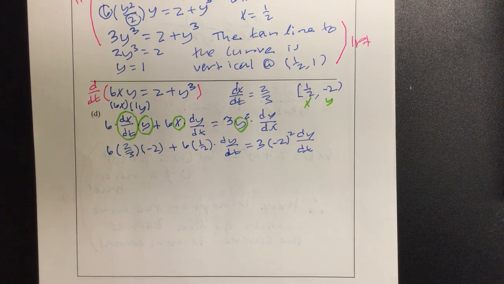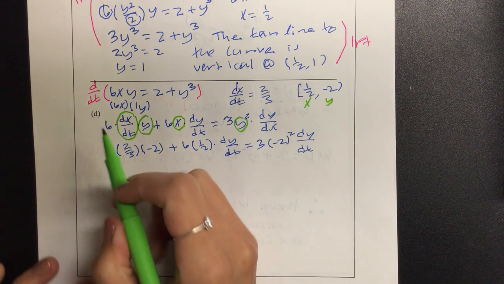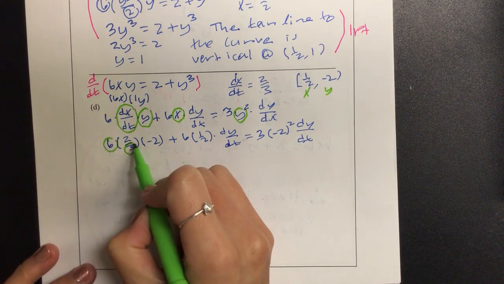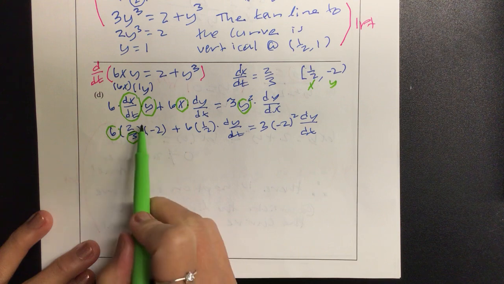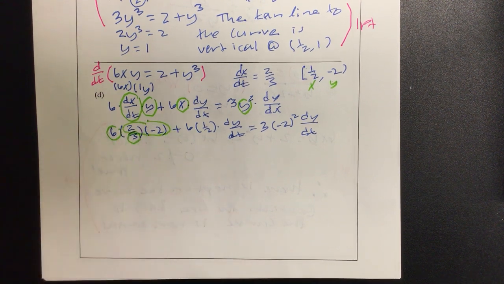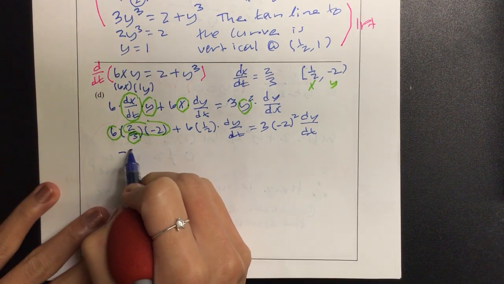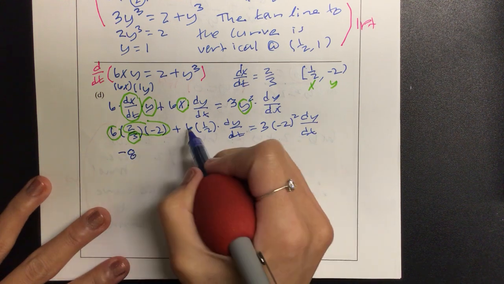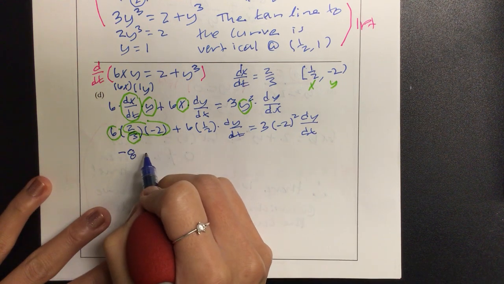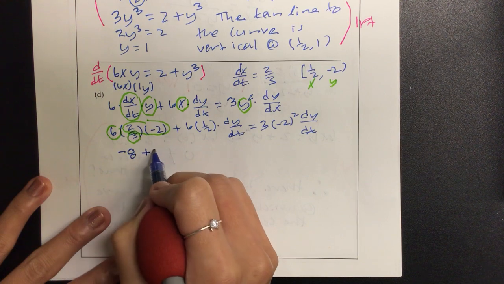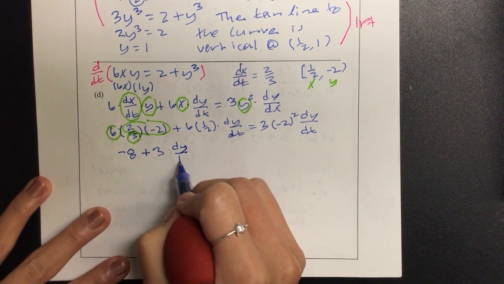From the left side, what is 6 divided by 3? 2. What is 2 times negative 4? Negative 8. And then half of 6 is 3, so we have plus 3 dy over dt.